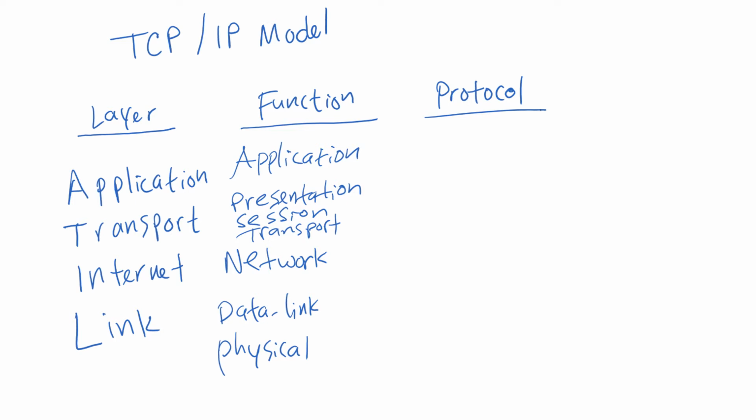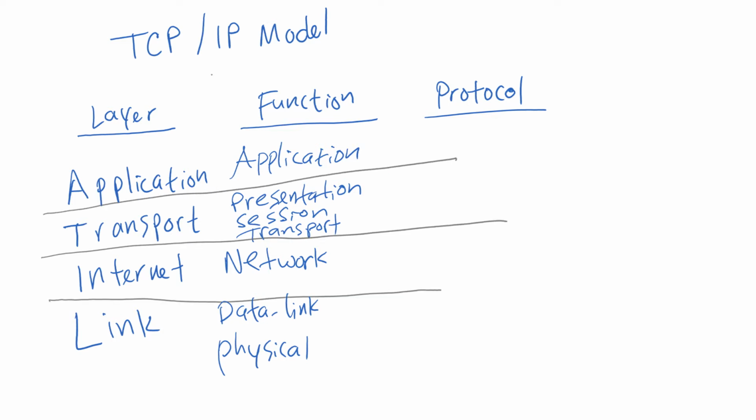Each layer has different languages that it uses to communicate with the other layers. These are protocols. And I'll make a grid so it's a little bit easier to see.